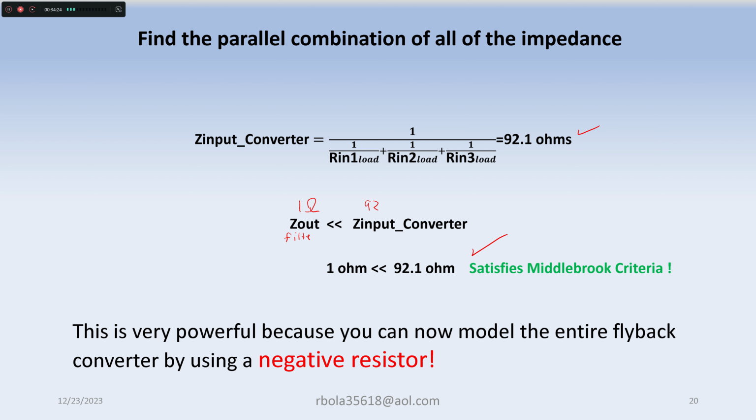So this is very powerful, because now the implication is, if you know the input impedance of the converter, you can use a negative resistor to model it and do some transient step functions, and you will get some very interesting results.